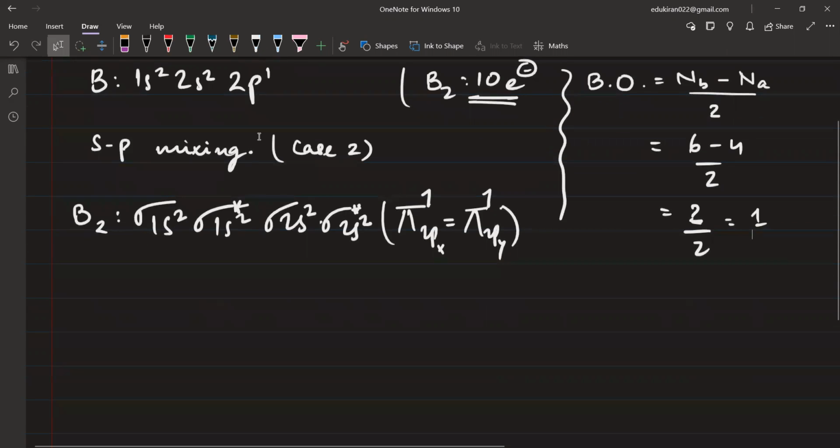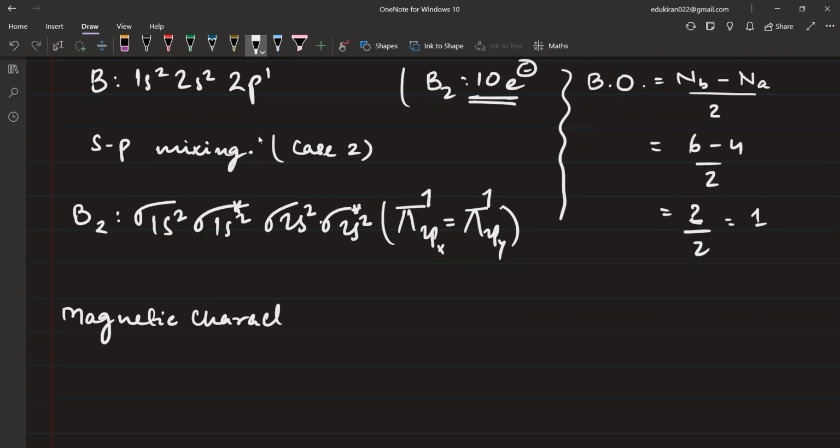Now, please listen. There is one more thing that you need to learn, which is known as magnetic character. What is magnetic character and how can a molecule have magnetic character? Please see.